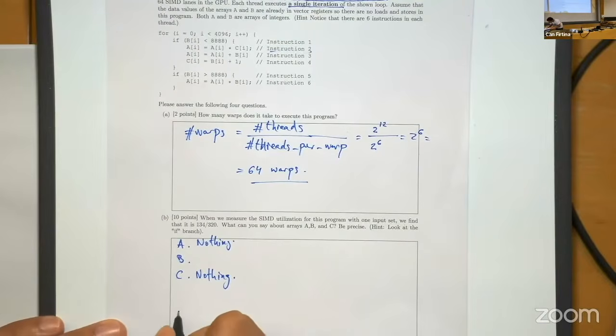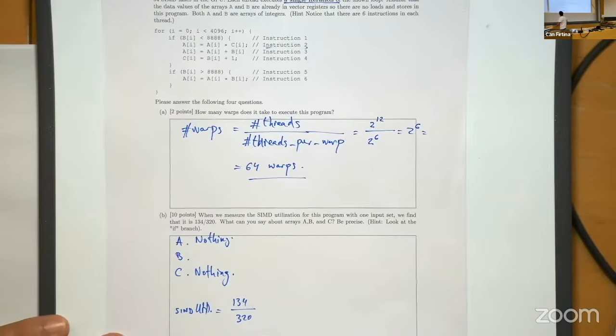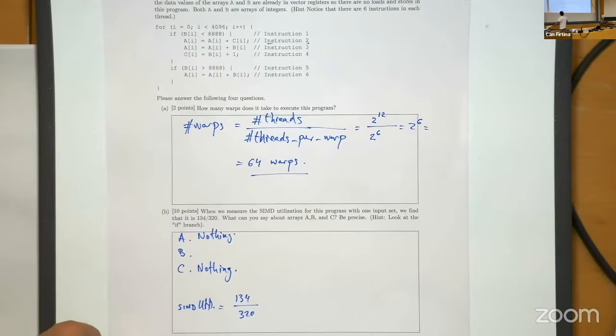We know that the SIMD utilization is equal to 134 over 320, right? And here we can reason in different ways, but I'm going to take advantage of the fact that I'm given this number.